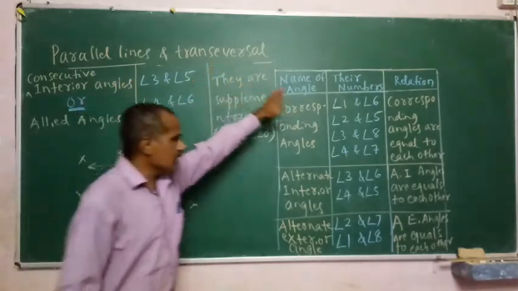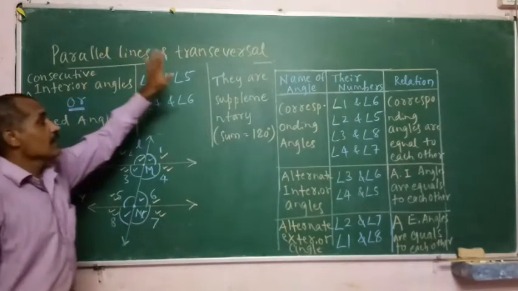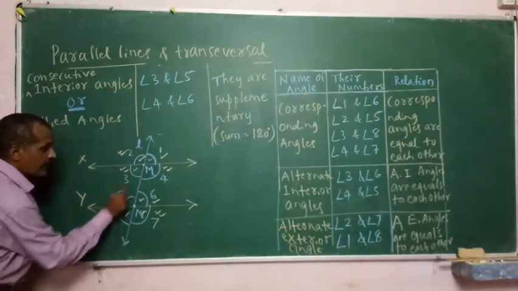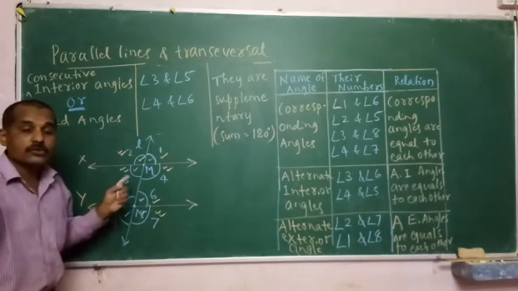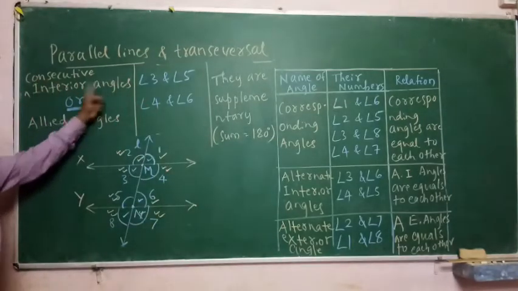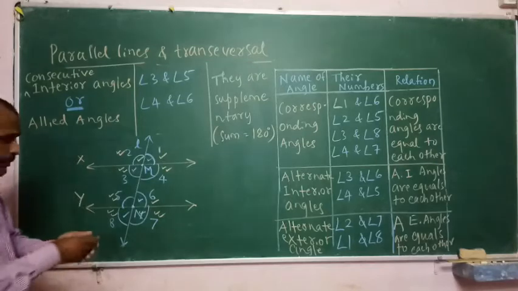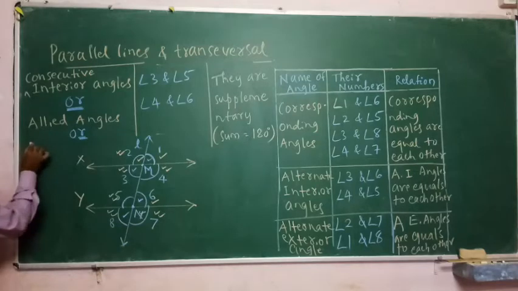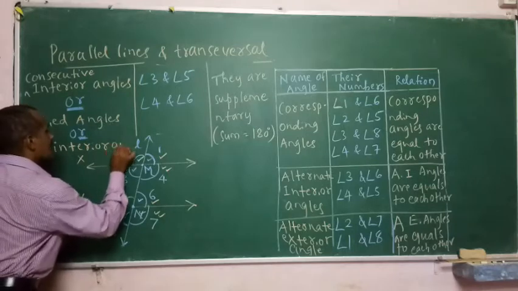Only these consecutive interior angles are supplementary and the sum is 180. Sum of these two is equal to 180, sum of these two is equal to 180. But those other pairs are equal to each other. Consecutive interior angles or allied angles are also called co-interior angles.